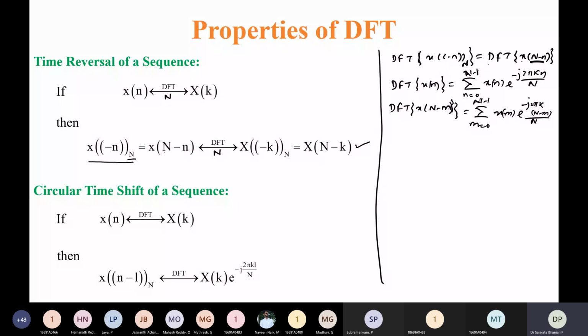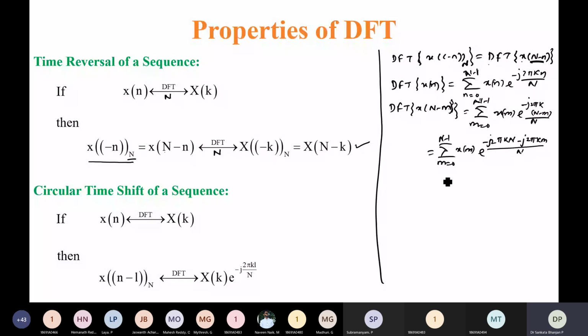So summation m is equal to 0 to n minus 1 x of m e to the power minus j 2 pi k m whole divided by n.